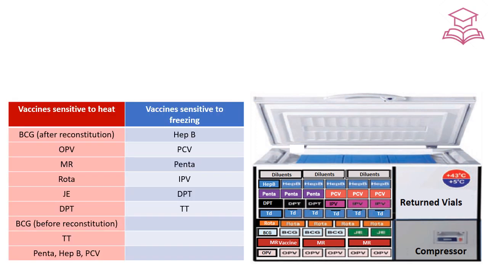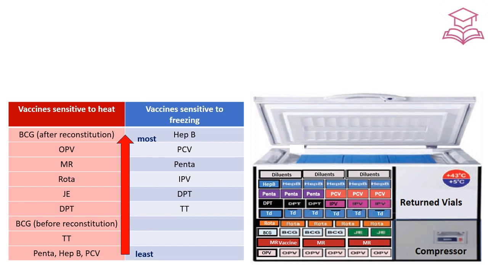The vaccine sensitive to heat and vaccine sensitive to freezing is given. The most sensitive on the top part and the least sensitive on the bottom. So, the most heat sensitive vaccine is BCG after reconstitution, then OPV, followed by MR, rotavirus, JE, DPT, then BCG before reconstitution, TT, pentavalent, hepatitis B and pneumococcal.